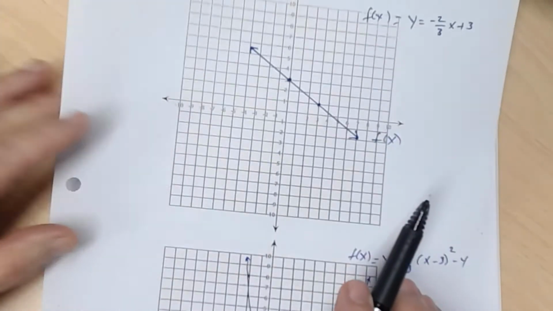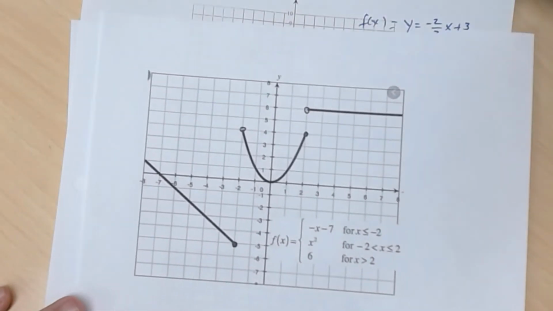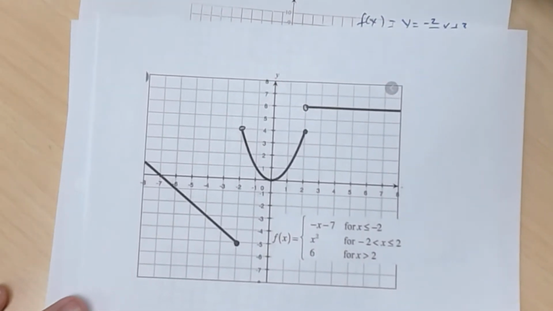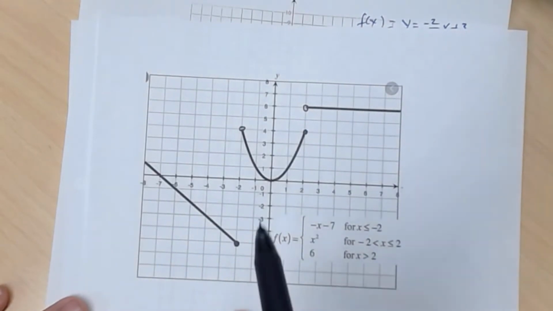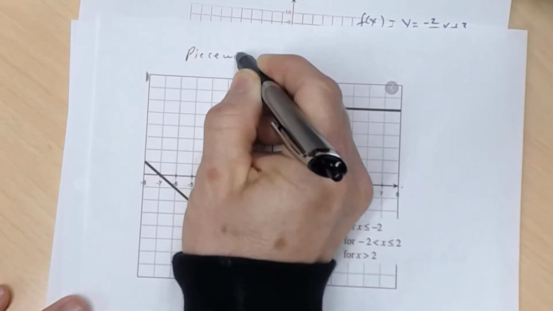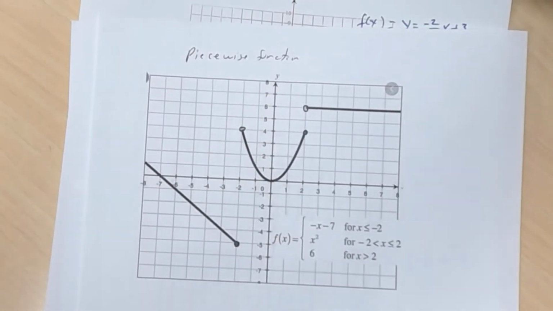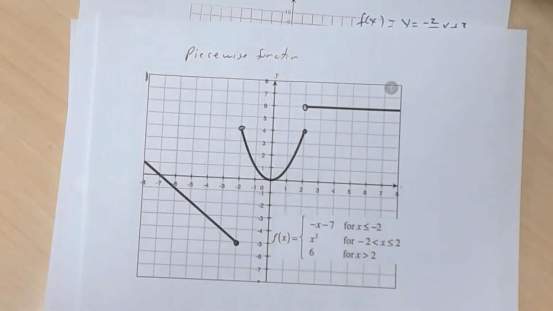Now I'm about to show you a graph that is considered a piecewise function. These are examples of piecewise functions. You're going to graph these in the next lesson. Now I want you to notice something.